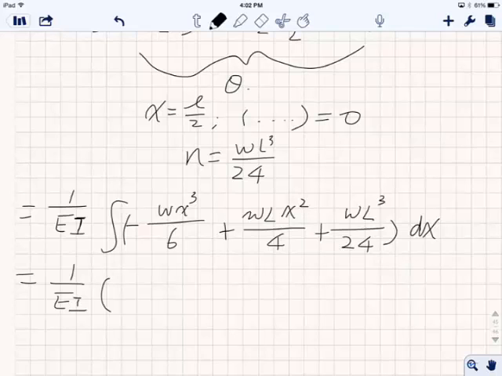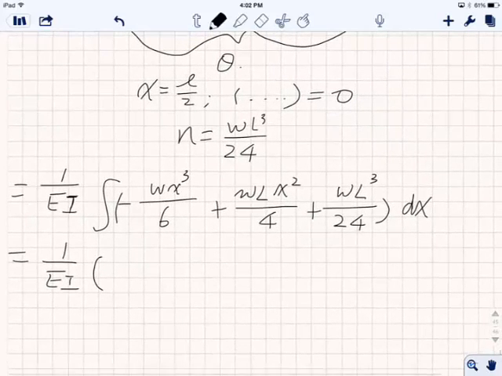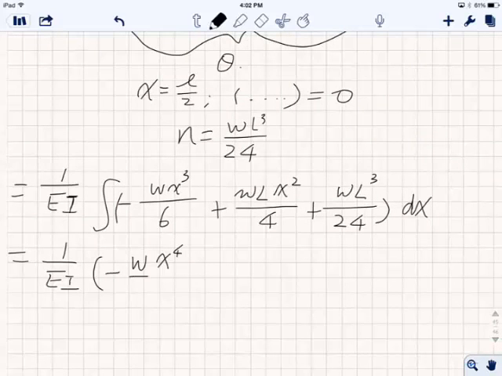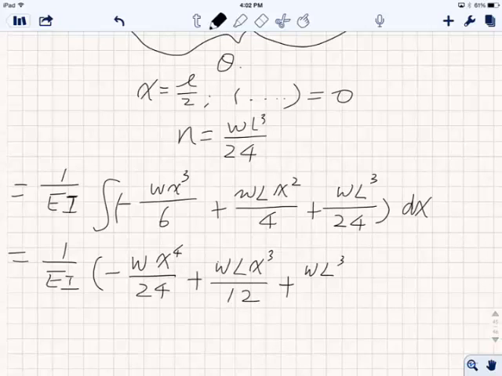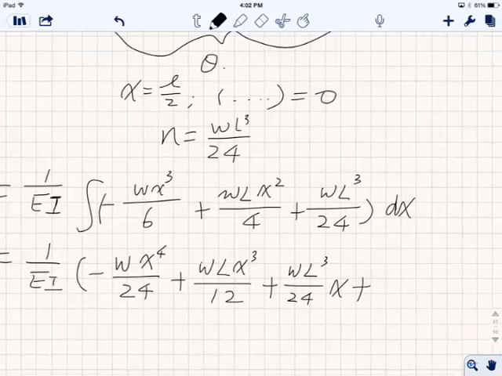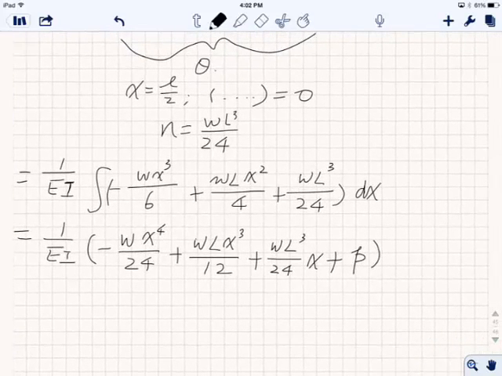Over here, you have minus W x to the 4th divided by 24 plus W L cubed divided by 12 plus W L cubed divided by 24, times x, plus whatever the constant, let's say P, is. Okay, this is our final answer for y.